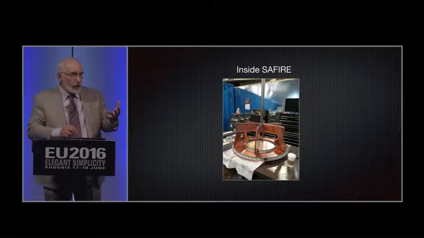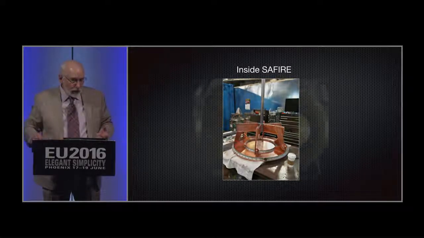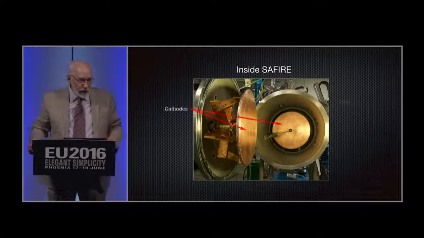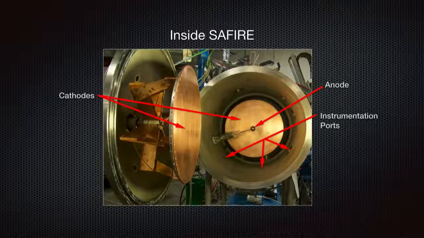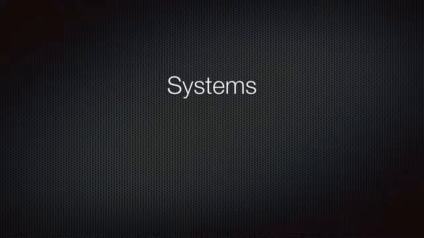So we have to have structural integrity as well. And this is the inside of SAFIRE. We have our cathodes, the anode, instrumentation ports, and we're going to be looking at some other things. Let me just take you for a tour.